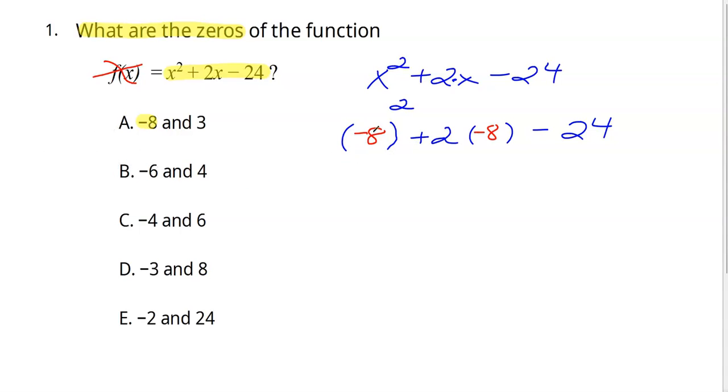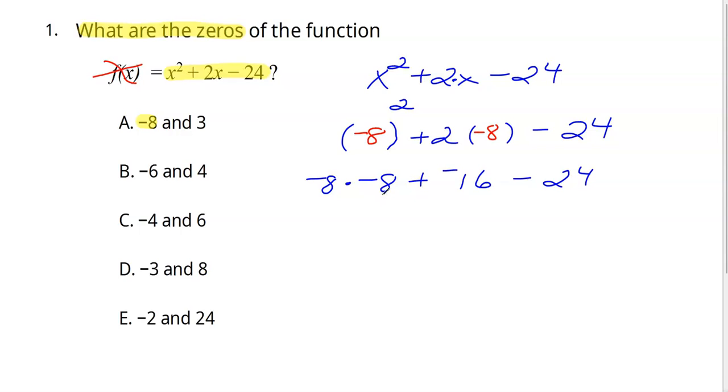So -8 squared means -8 multiplied by itself 2 times, like this. -8 times -8 plus, well, let's see, what's 2 times -8? 2 times 8 is 16. Write that a little better. 2 times 8 is 16, then I'll bring down this negative sign, and then I'll bring down my minus 24.